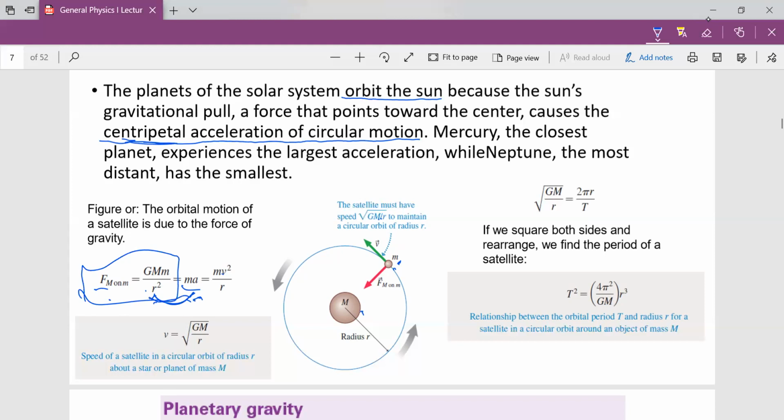And if we equate these two and define A for circular paths, it means we can equate GMm over r squared equal to mv squared over r. So if we make V the subject of formula, that is what we'll get.